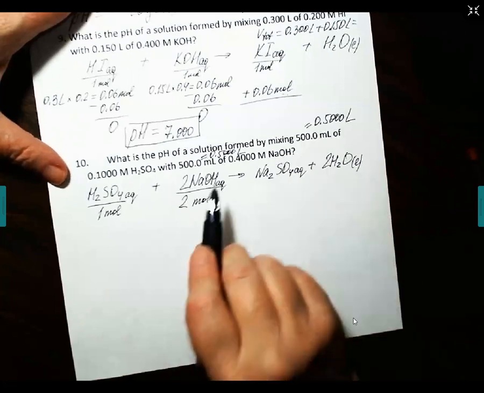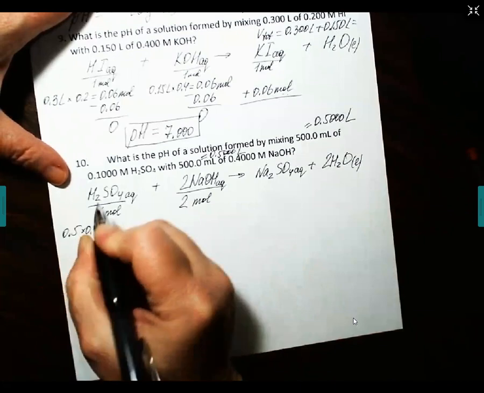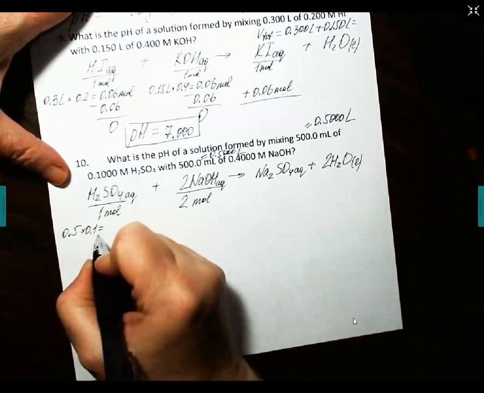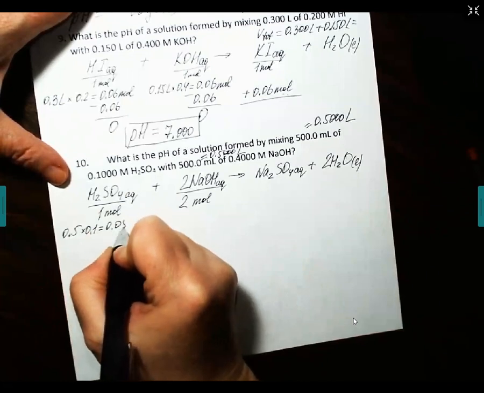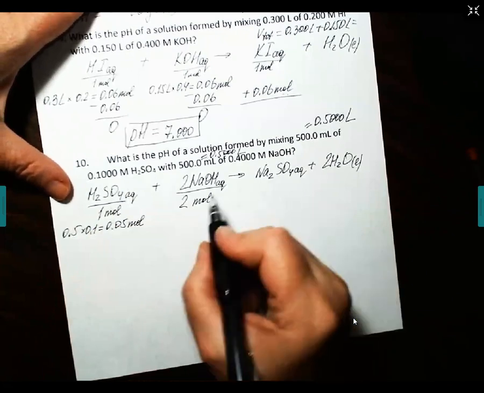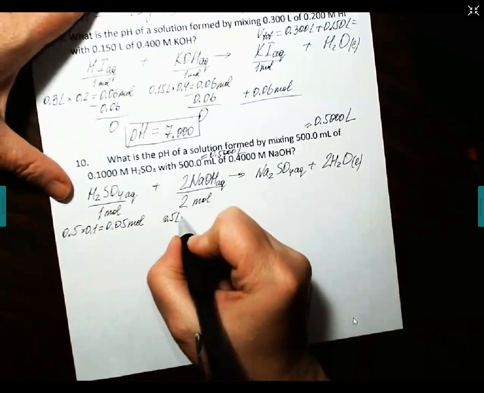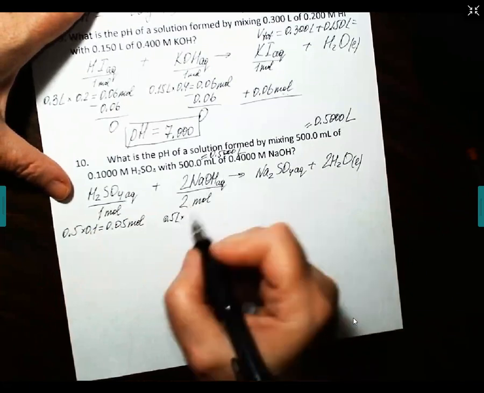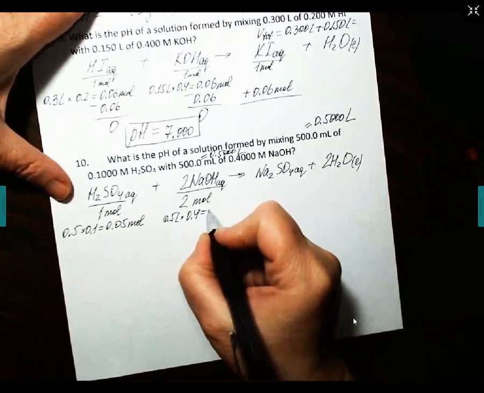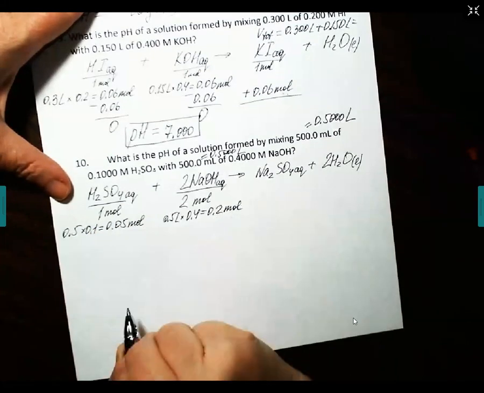So 0.5 times 0.1 molarity gives us 0.05 moles of acid. And 0.5 liters times molarity 0.4 gives us 0.2 moles of base.